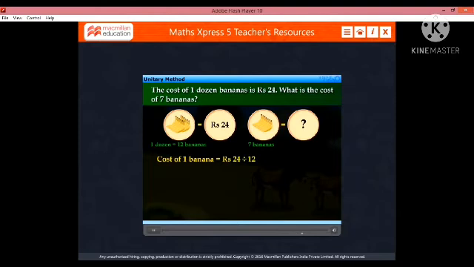Hence, the cost of 1 banana is equal to rupees 2. The cost of 7 bananas is equal to the cost of 1 banana into 7, that is 2 into 7. Therefore, cost of 7 bananas is equal to rupees 14.